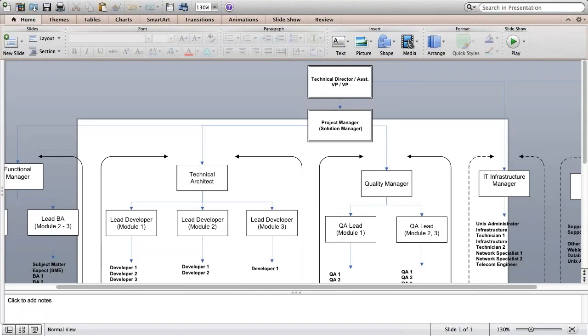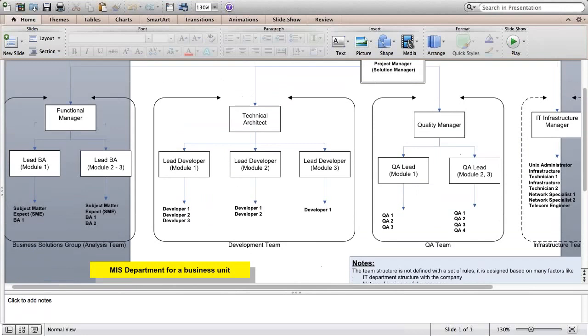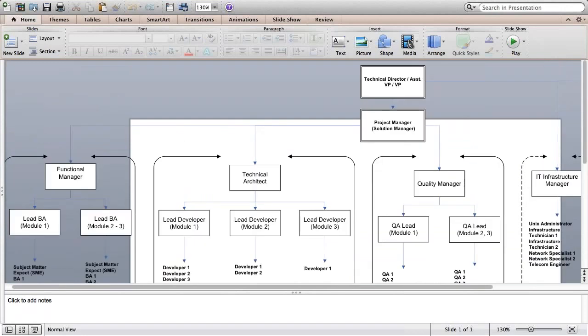All right, if you can see my screen, on the top, in general, this is how the hierarchy is going to be. You have an AVP or a technical director who is responsible for successfully delivering projects in any organization. These designations may vary.